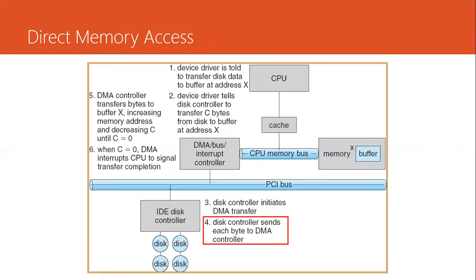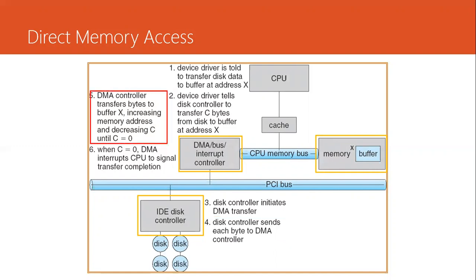The disk controller sends each byte to the DMA controller. The data passes through the disk controller and through the DMA controller and into the memory without the processor even being invoked. The transfer is done automatically by incrementing the buffer address location and decrementing the counter C. C is the amount of bytes requested, and when the transfer is done, C becomes 0.